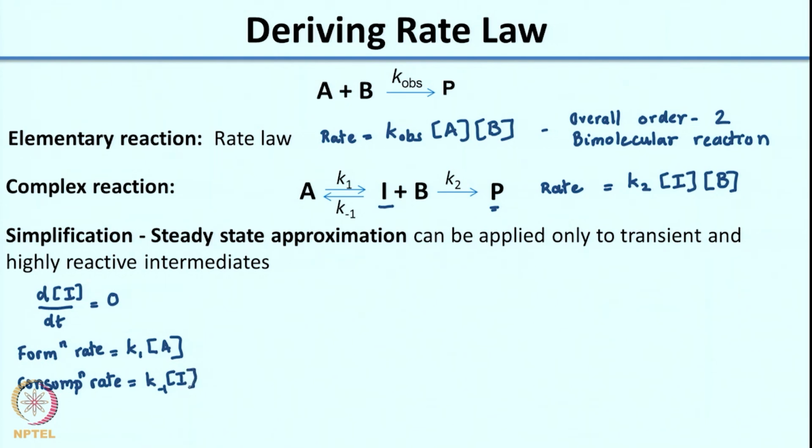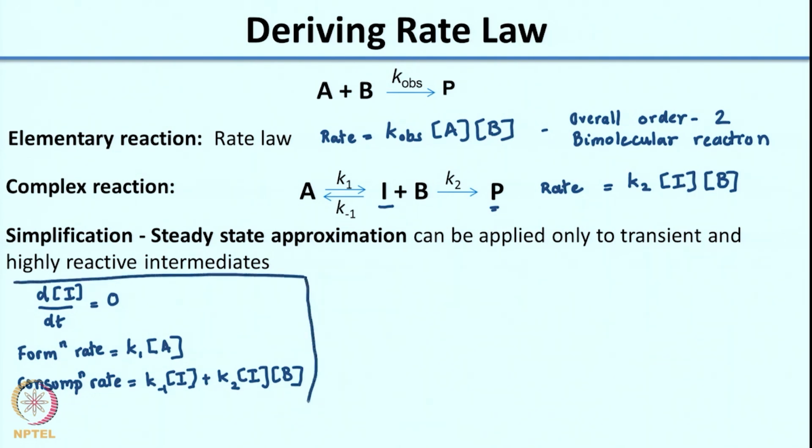The second process is I interacting with B to give you the product. So, the rate for that would be given by K2 into I into B, because it is dependent on I and B.